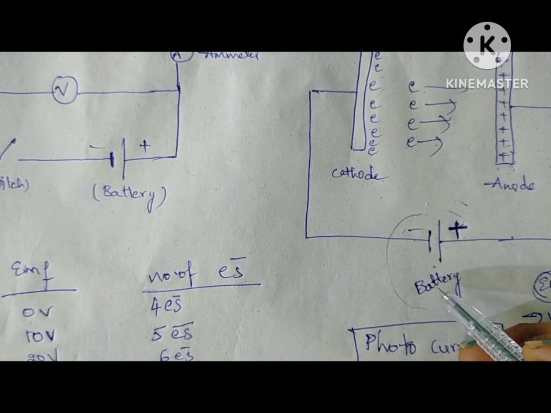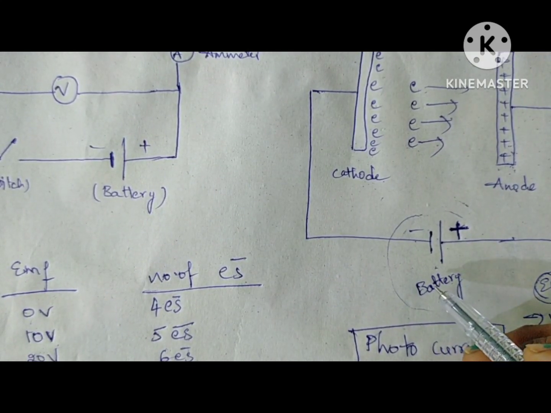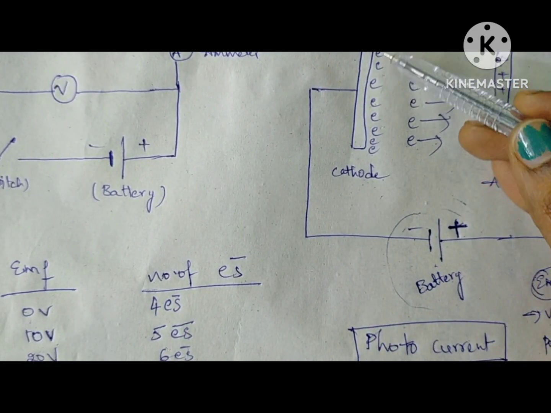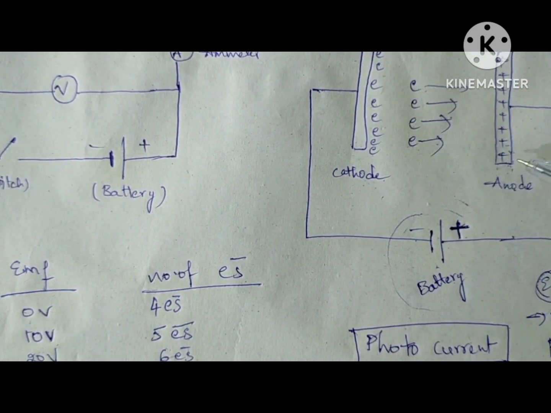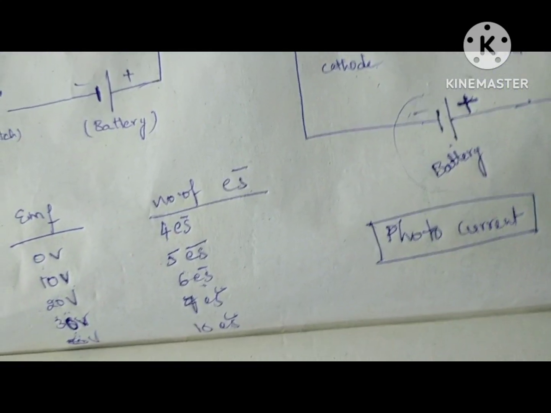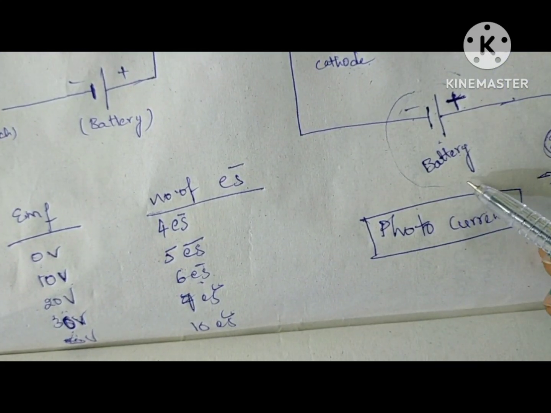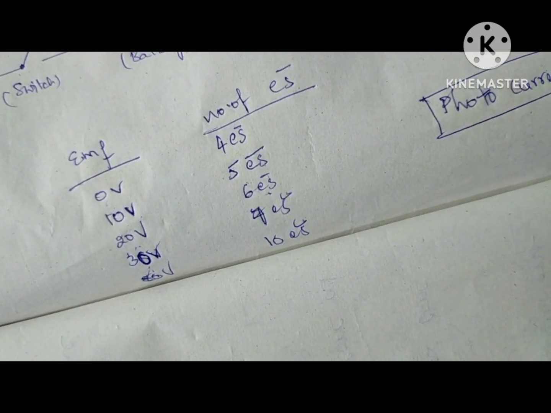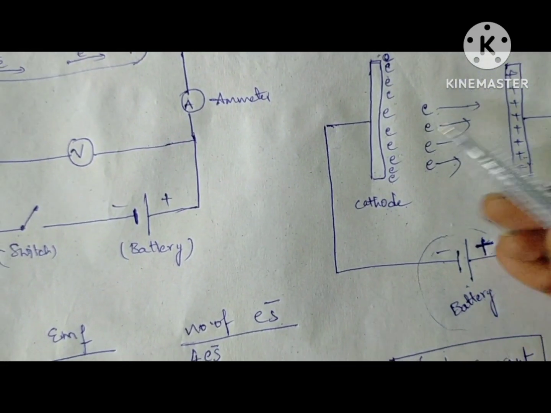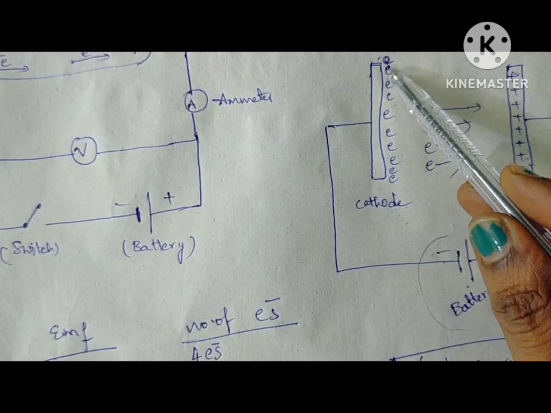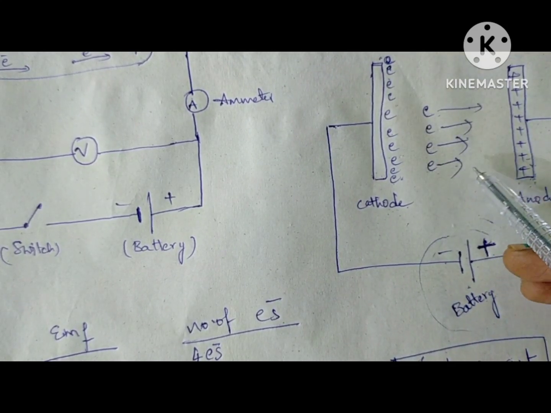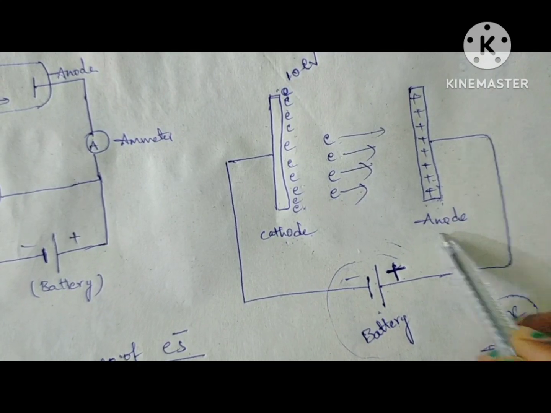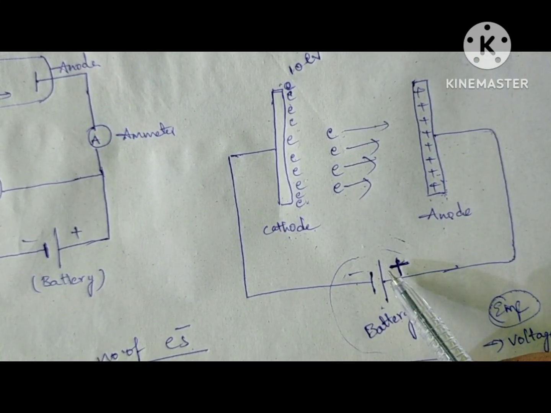In this battery we have EMF. EMF is nothing but voltage. By this voltage, all these 10 electrons are able to reach the anode. So that is the purpose of using the battery here. So when electrons flow from cathode to anode, current is produced.